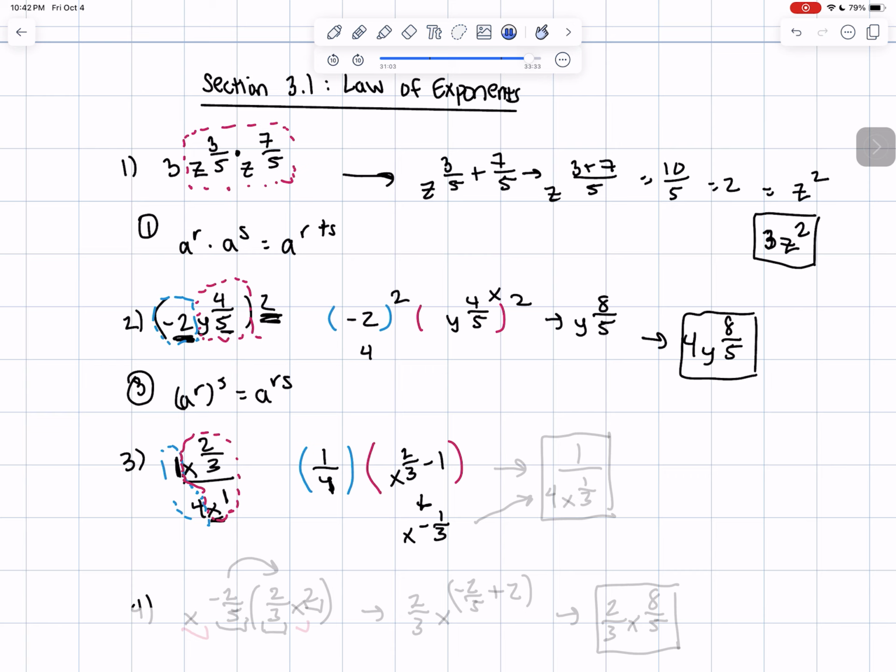But since it's negative, that means I have to write it in fraction form. So let's not worry about the 1/4 yet. I just have to know this is going to be written as 1 over x to the 1/3, right? But then where does the 1/4 go? Well, the 1 is already on the top. This 4 is just going to go here. And that's how we do that. And then let's do one more.